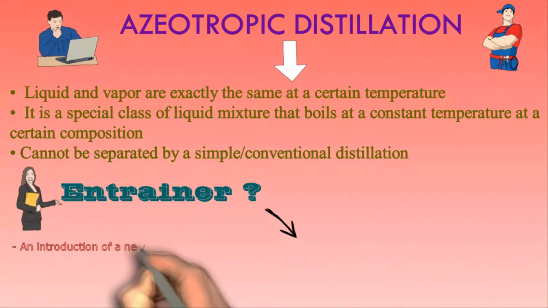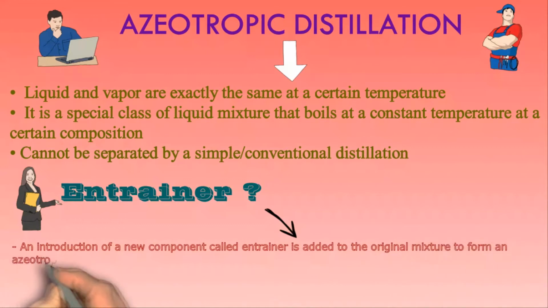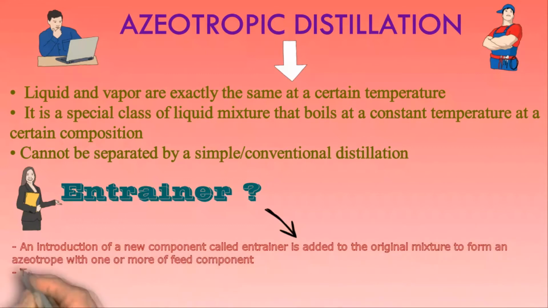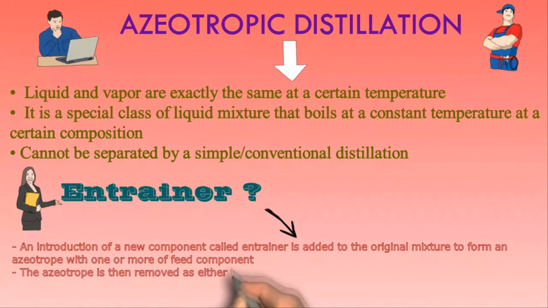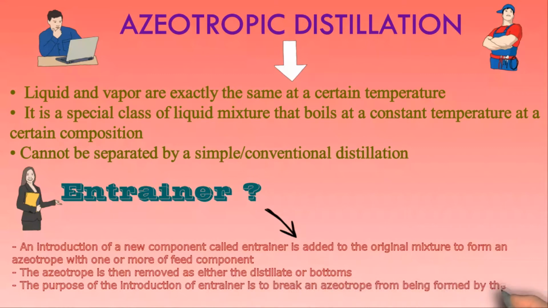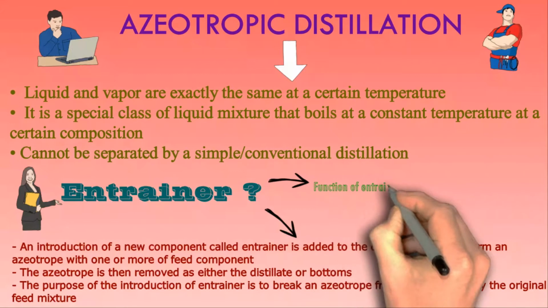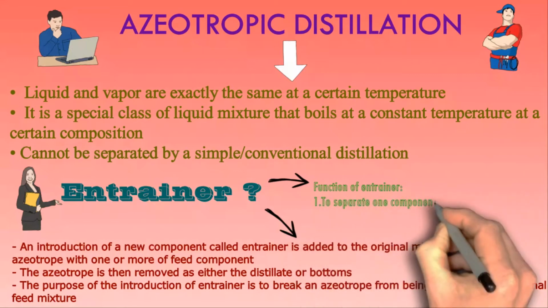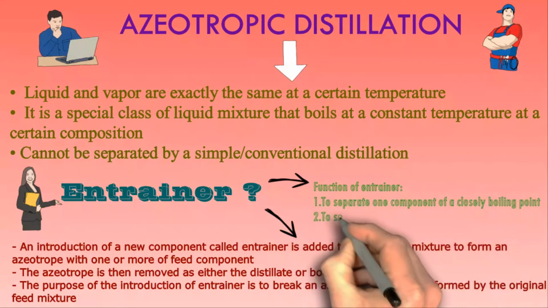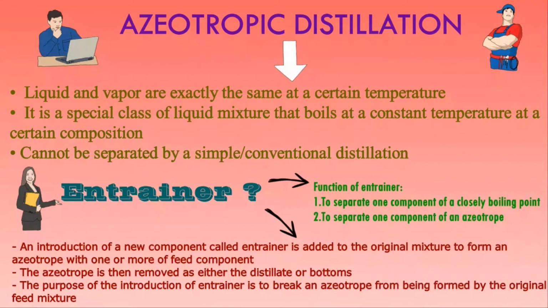A new component called an entrainer is added to the original mixture to form an azeotrope with one or more of the feed components. The azeotrope is then removed as either the distillate or the bottoms. The purpose of introducing the entrainer is to break the azeotrope formed by the original feed mixture. The function of the entrainer is to separate one component of a closely boiling point mixture. The other function is to separate one component of an azeotrope.